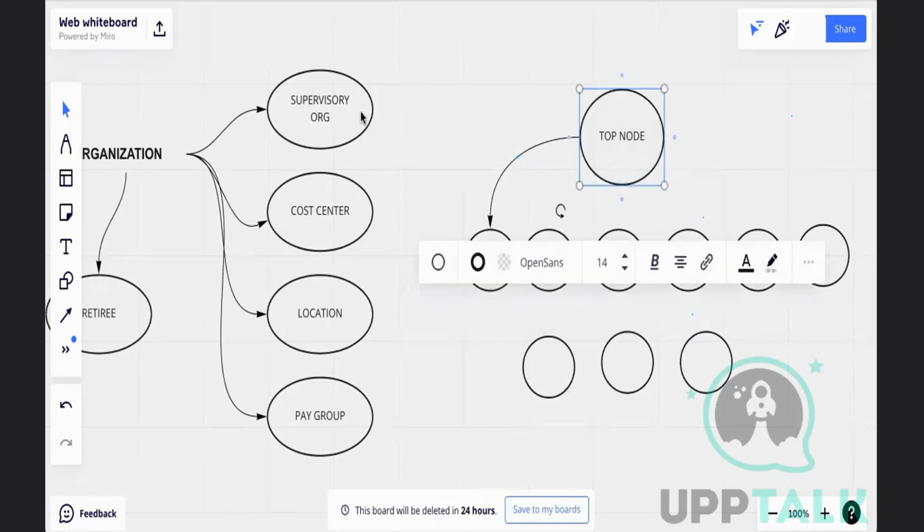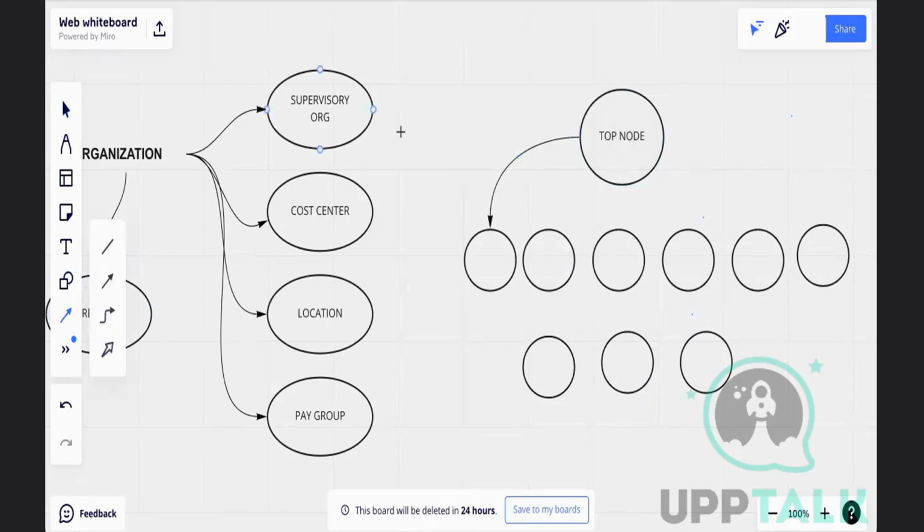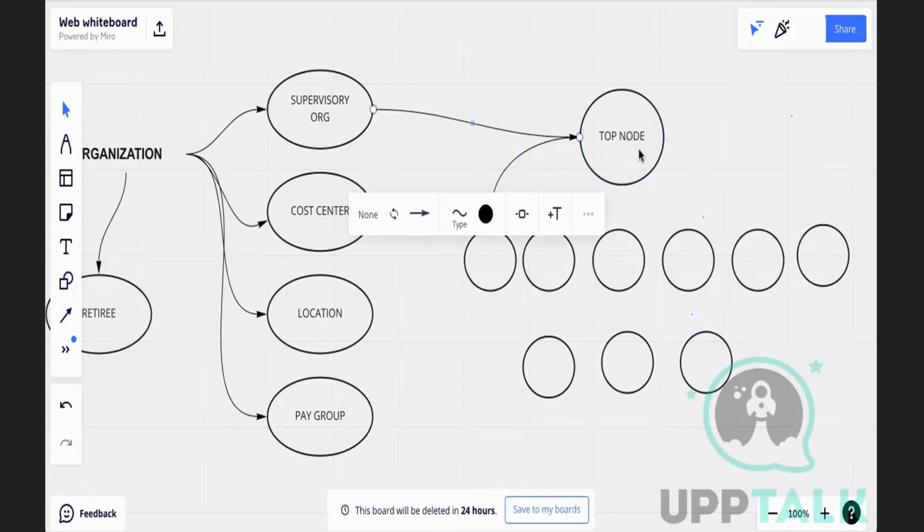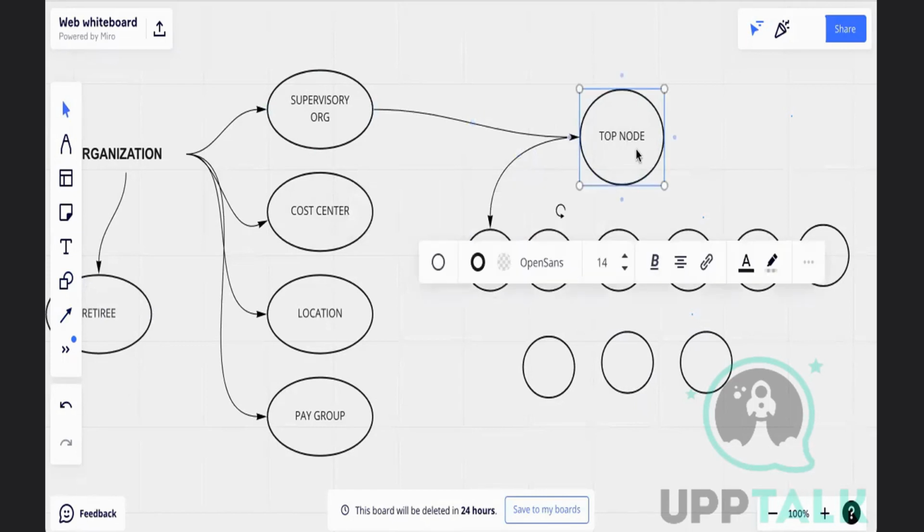So for example, if I talk about supervisory organization, you will have the top node, which will be managed by the CEO in most cases, or it can be someone at the top level who is managing everything, who's the leader of that hierarchical structure, right?